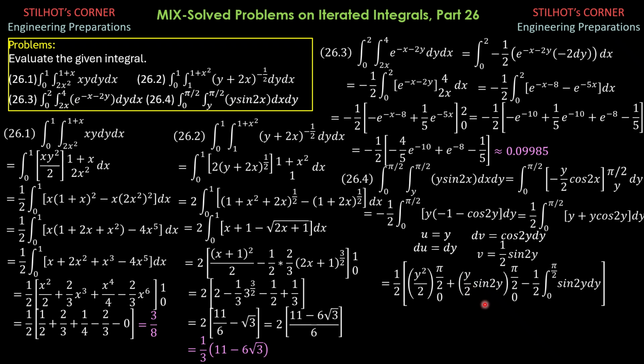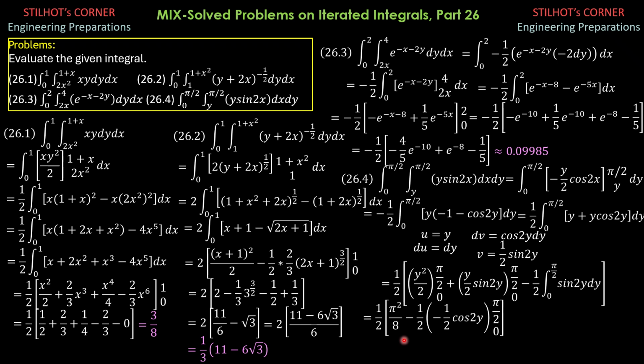So we simply eliminate this term. Then for this case, minus 1/2 times another negative 1/2 cosine of 2y from 0 to pi over 2. So equals 1/2 quantity pi squared over 8 minus 1/2 times negative 1/2 cosine of 2y from 0 to pi over 2.